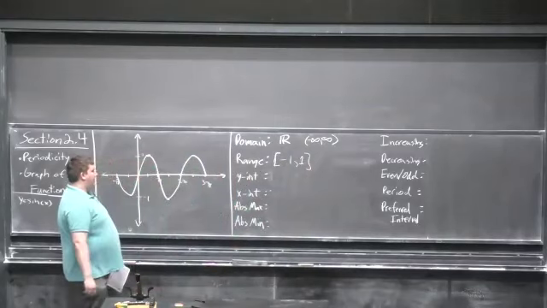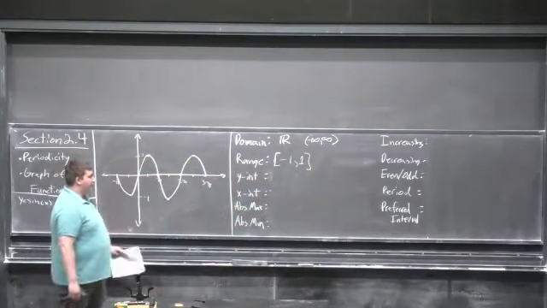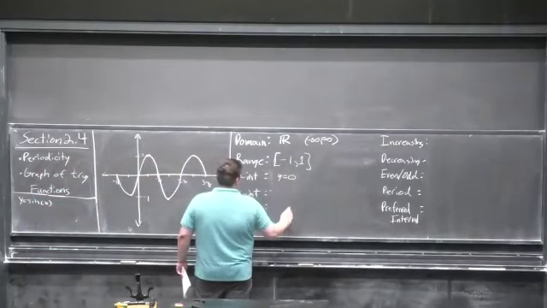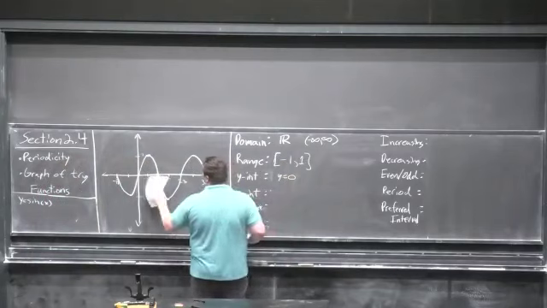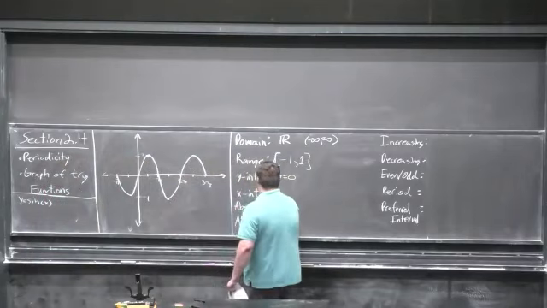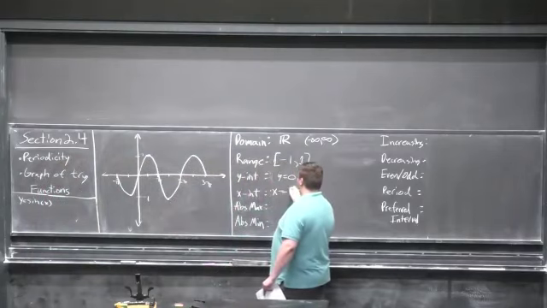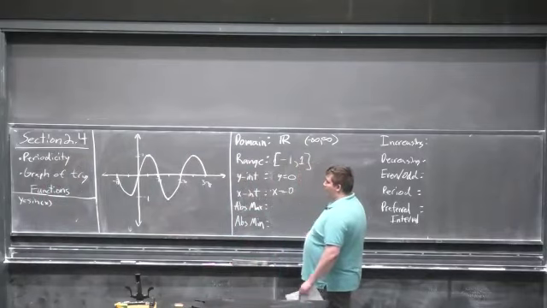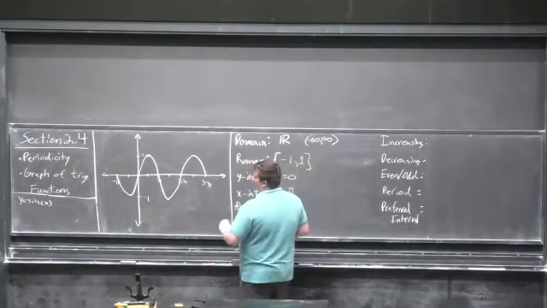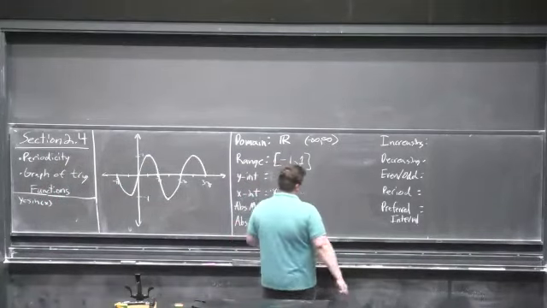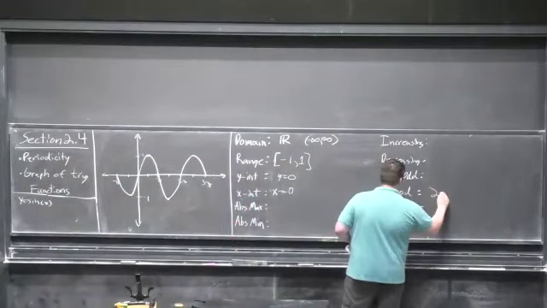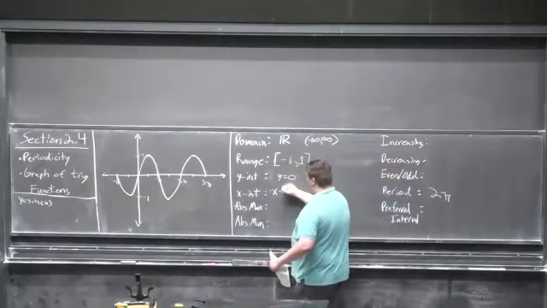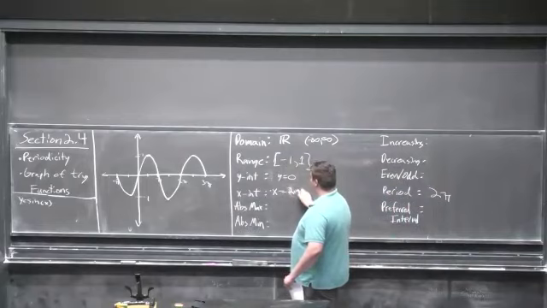My y-intercepts, I have one of them, and that's at 0. And my x-intercepts, I have multiple of them, and that's when x equals 0. But I also have to include all the other ones. Since my period is 2 pi, let me put that in here. I can go, hey, 2 pi n.